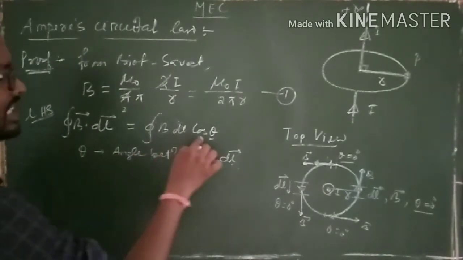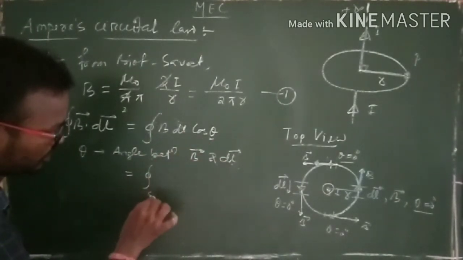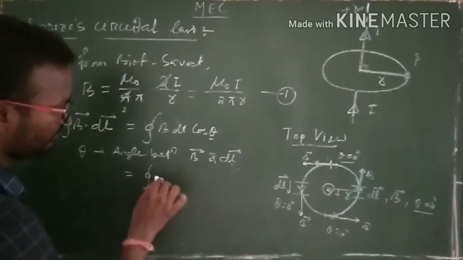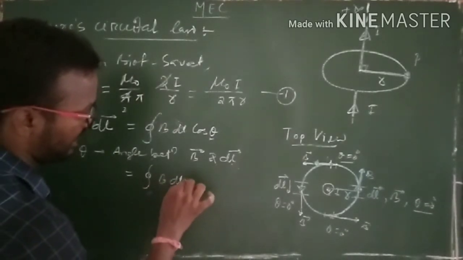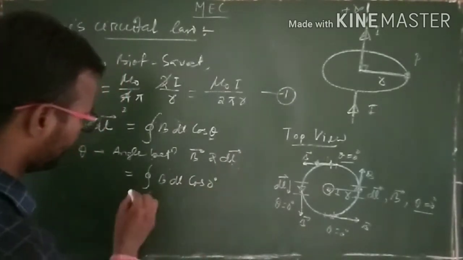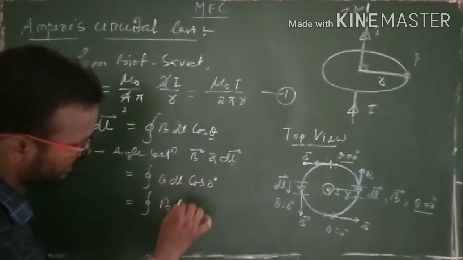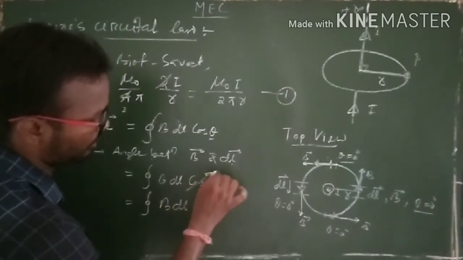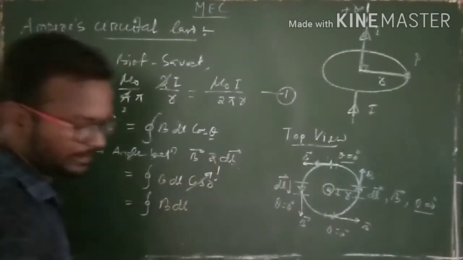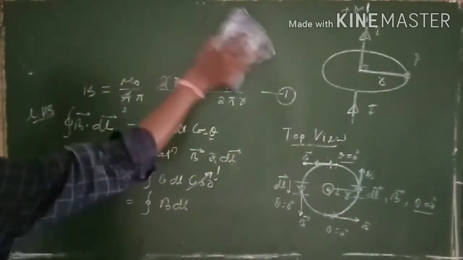Clear? So B dot dl can be written as the closed integral of B dl cos 0 degrees, which is B dl, because the value of cos 0 degrees equals 1.